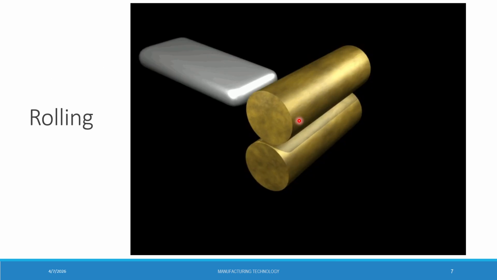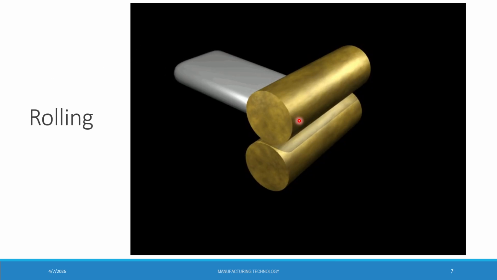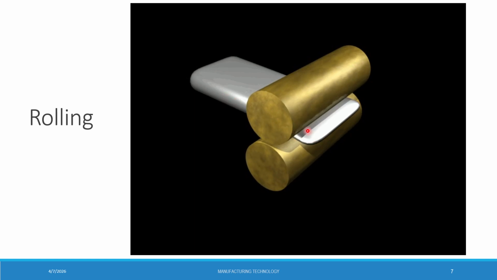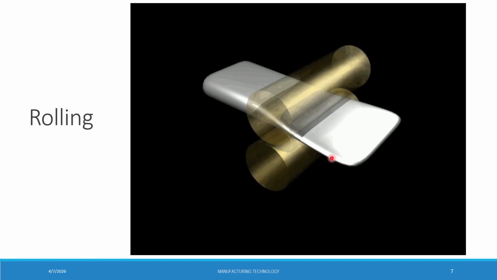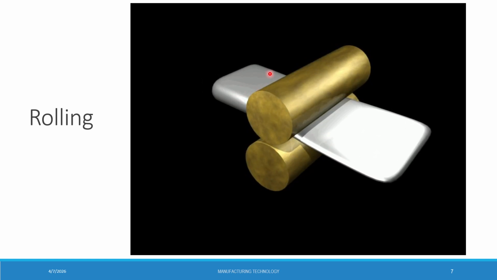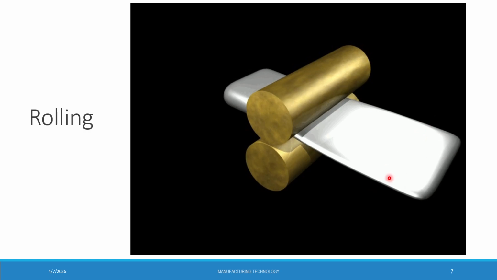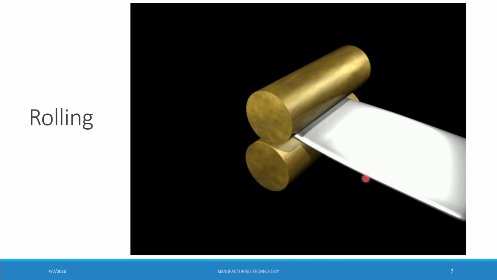Here you can see an animation of the work being squeezed between two rollers. You can see a thick material. As the material gets squeezed out between them, it flattens, and at the same time you can also see that the width of the material is increasing, and simultaneously the thickness is decreasing.